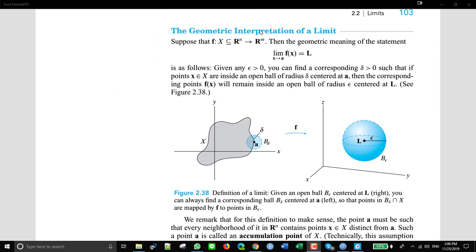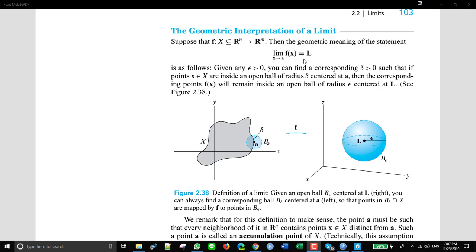Okay, let's consider the geometric interpretation of a limit. So we're going to suppose that we have a function from Rn to Rm, where the domain of that function is some subset of Rn. And we want to say, what does this mean? So we want to think about it geometrically.